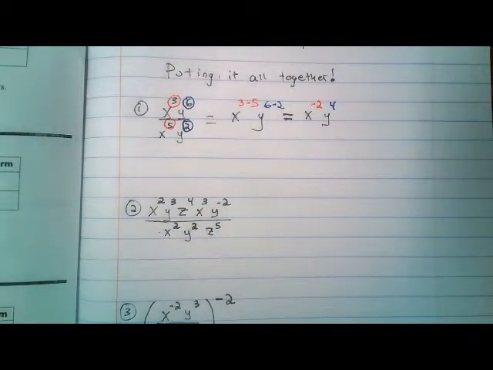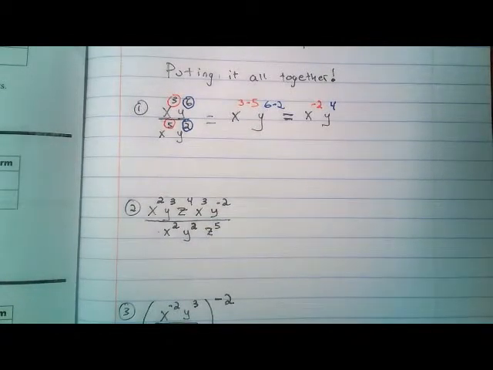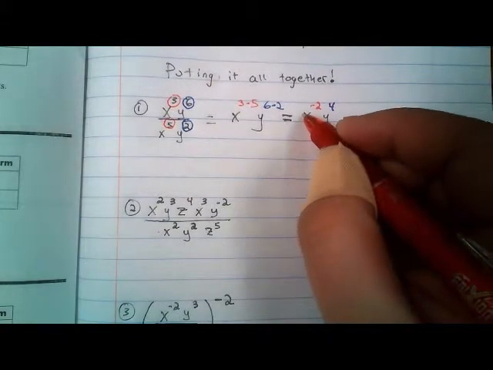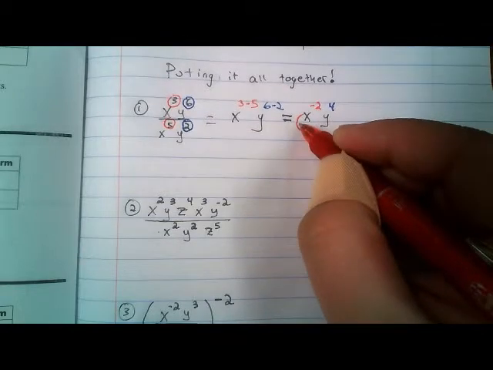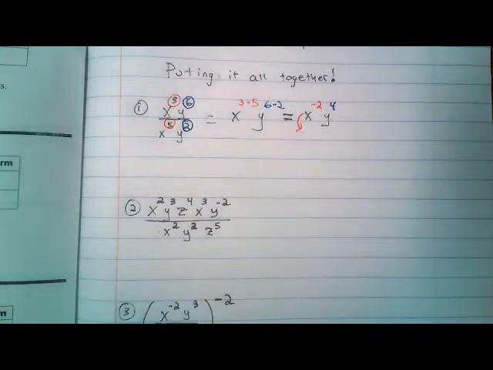And I'm not done because I have a negative exponent there, so I have another step. Whenever I'm giving an answer, simplifying these exponential expressions, I don't want to leave a negative exponent. So I have to use my negative exponent rule, which means I cross the line, that imaginary line right there, and change the sign.